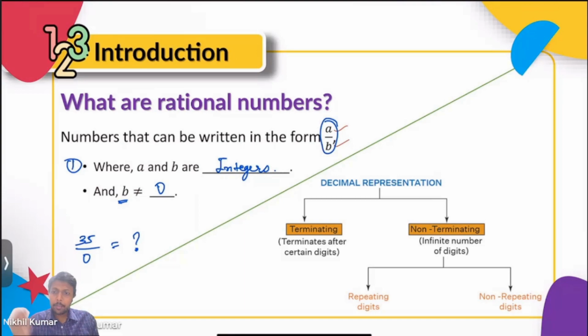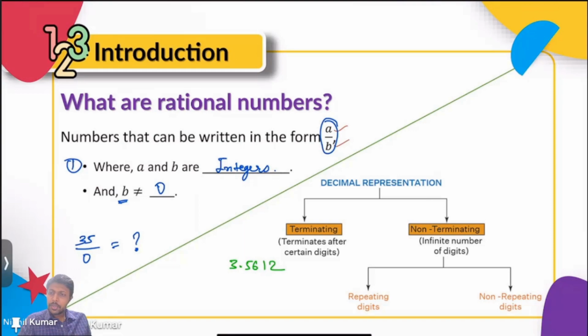With this quick recap, in class 9 we also studied the decimal representation of numbers. Rational numbers as well as irrational numbers can be represented using decimals. Let's quickly recap that. If I give you a decimal number and it terminates, what do we mean by terminating decimal? It's something like 3.5612. That's it, this much. So it terminates at some point.